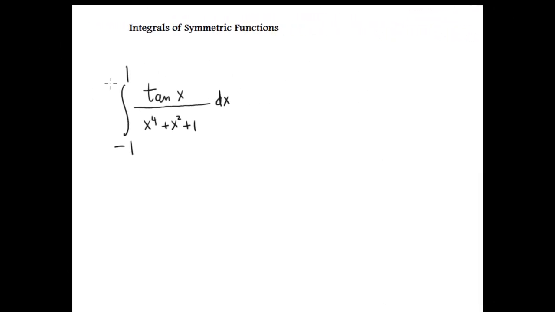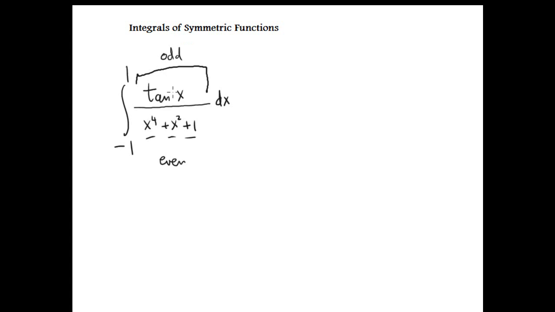Okay, again we have another integral where the limits are the same value but the opposite sign, negative 1 to positive 1. Immediately you say, wow, wait, let me analyze what happened with that function. It's obvious that the function in the bottom is even, right? It's an even power and a constant. But the function in the top is odd.